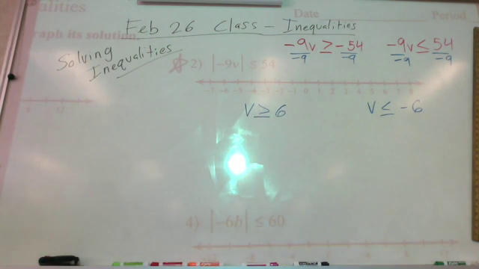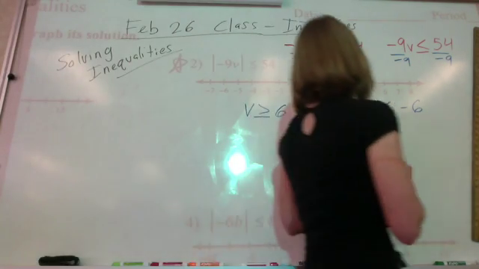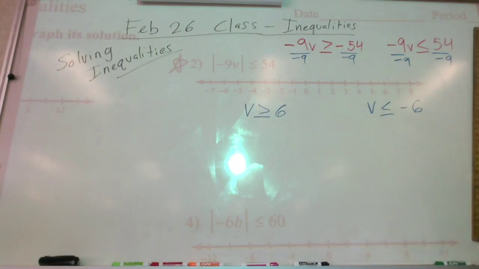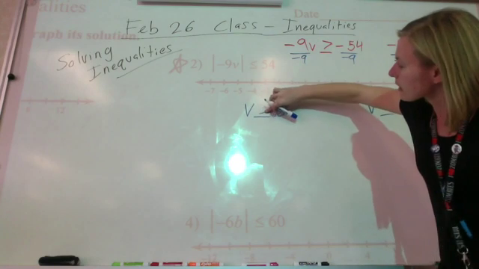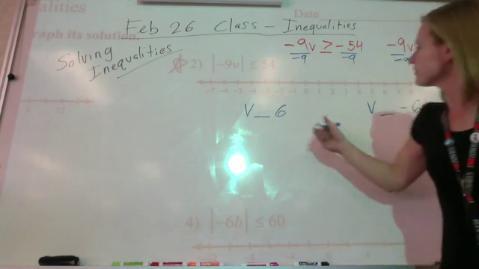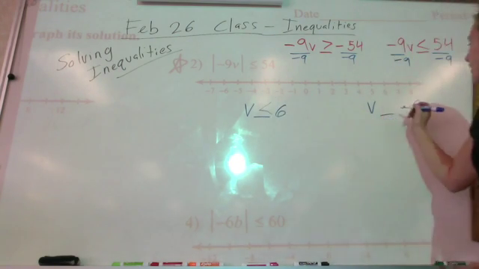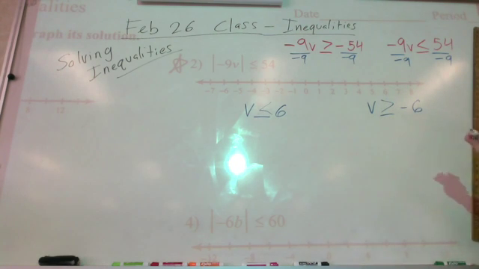All right, Isaac, what do we do? Since on the right side you're dividing by a negative, doesn't the sign switch? Good point. Thank you. Actually, it would switch for both of them, wouldn't it? Yeah. So this way goes that way, this way goes this way.